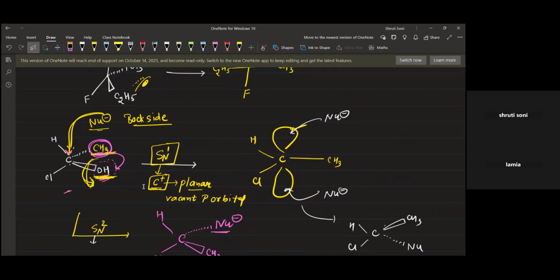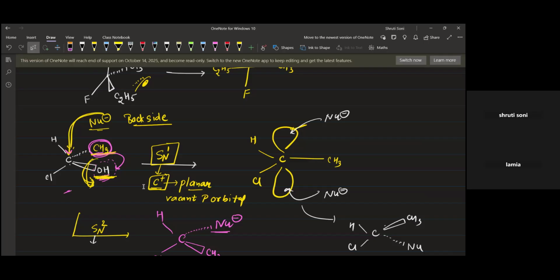Just to reiterate, for SN1, the nucleophile attacks from the backside, so it's basically adding to an empty orbital for CH3, right? Is it adding to the orbital of carbon or CH3?